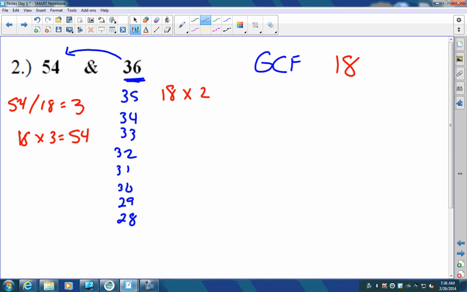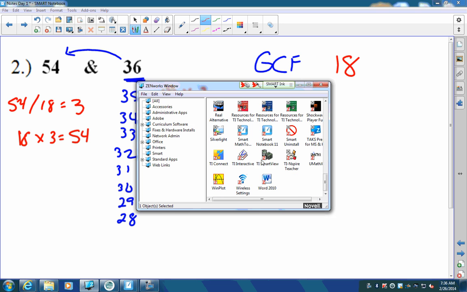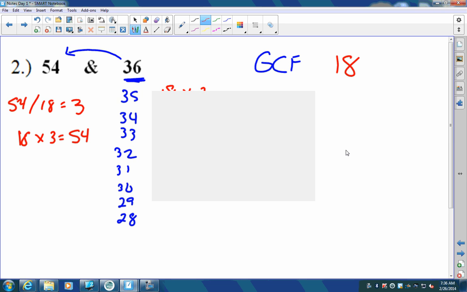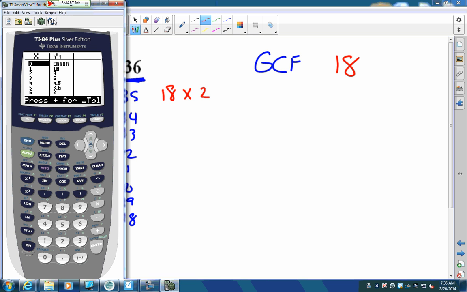Now, let me show you a little, I say it's a trick. Here's one thing, but you have to remember how to do this in the calculator. Make sure you have your calculators. I'm going to pull mine up. All right.